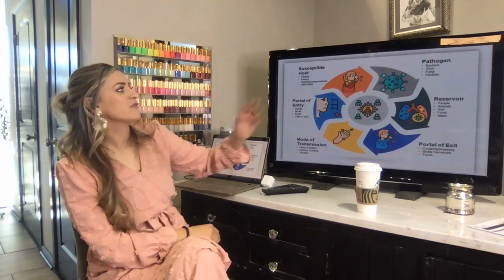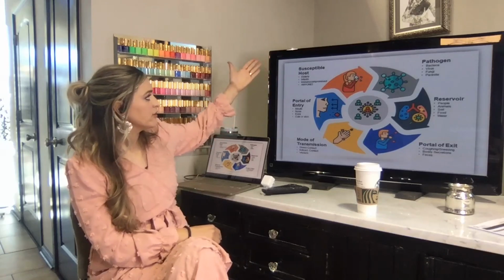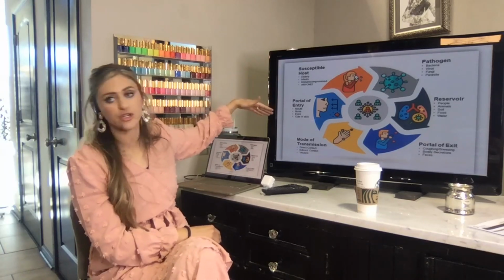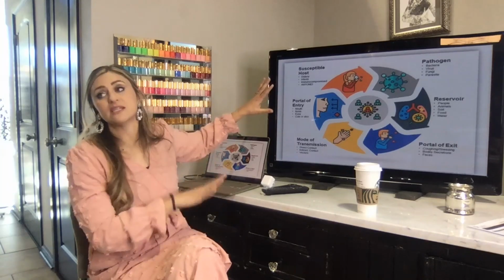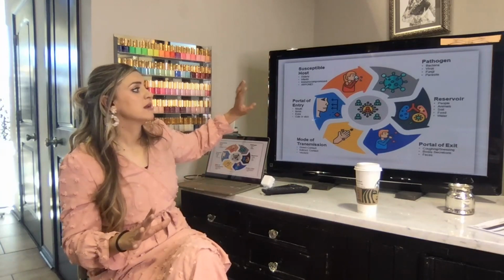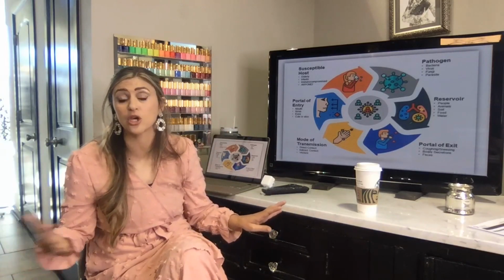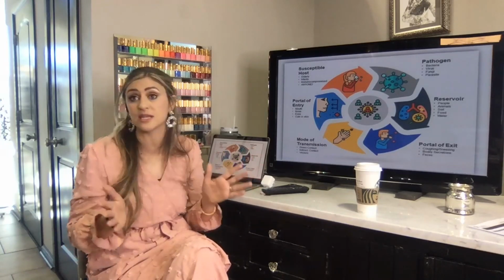So this slide just reiterates what I was telling you. Susceptible host is yourself. Portal of entry is how it enters your body. Mode of transmission, in terms of this situation, I'm using this as an example, but it could be your next client that's coming in. It could be your family at home. It could be other methods; I'm just using that as an example.